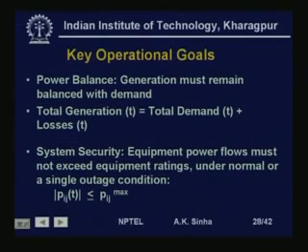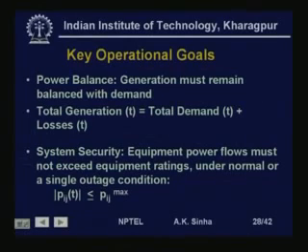So, the total generation must be able to balance this total demand plus losses, then only the frequency of the system, that is the speed of the generators, will remain constant. This is done by means of power system control. Of course, instead of each operator trying to maintain the frequency manually, as was done earlier, now we have automatic devices to do this.